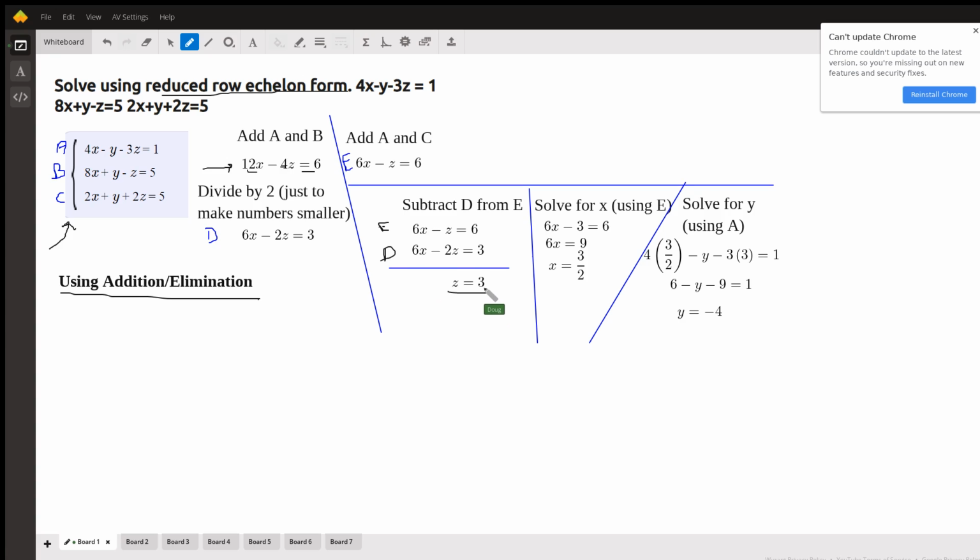Now plug 3 in for z in any one of these two equations and solve for x. And finally take these two values and plug into one that has x, y, and z in it and solve for y. There's your answers. Okay, so the solution set is 3/2, -4, and 3.